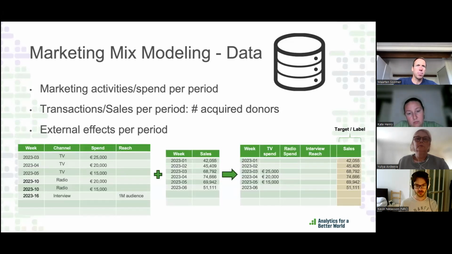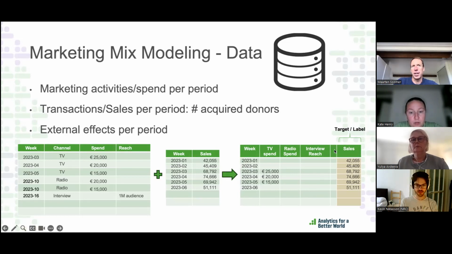So let's combine it all together. I left out here the external effects, but the effect is the same. Basically, you want to combine those data sets and make a record per period, where you put next to each other all the marketing activity variables, like the TV spend, the radio spend, and maybe the reach of these interviews.